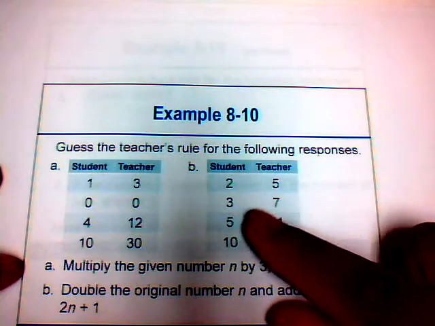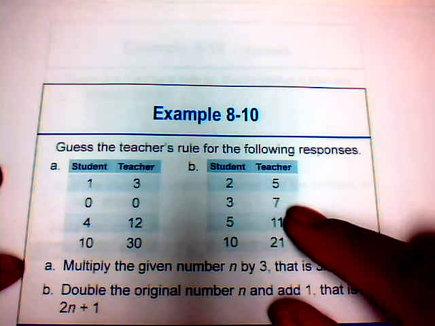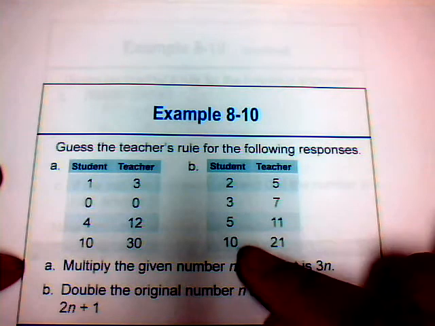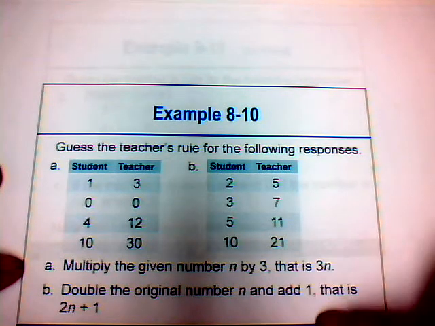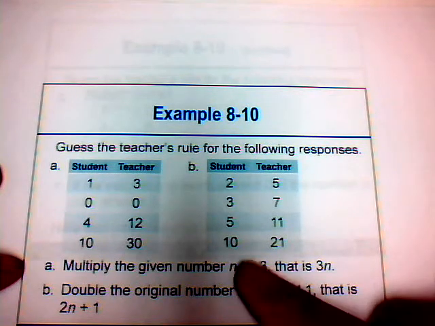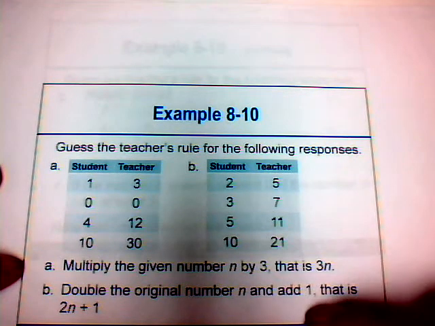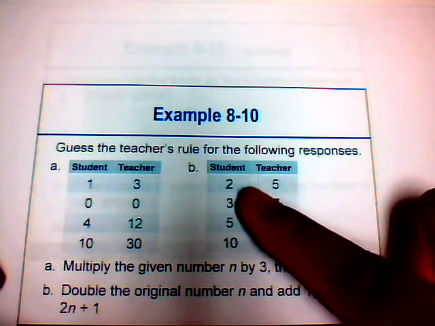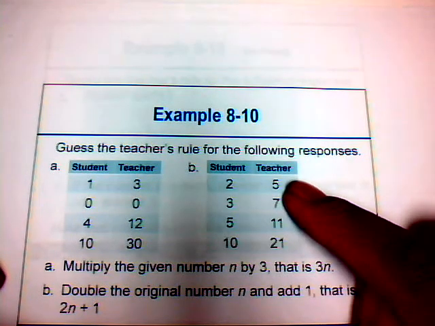The student gives a 3, the teacher responds with 7. For 5, the teacher responds with 11, and for 10, the teacher responds with 21. So here, we're doubling the original number and adding 1 to it. In other words, if a student gives 2, that means 2 times 2 is 4 plus 1 is 5.